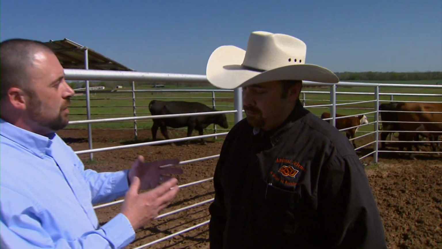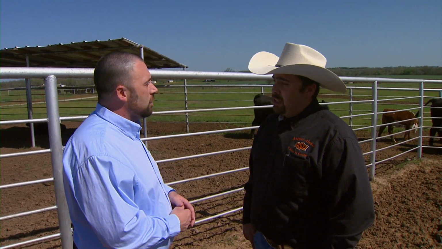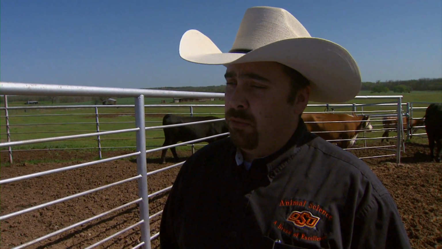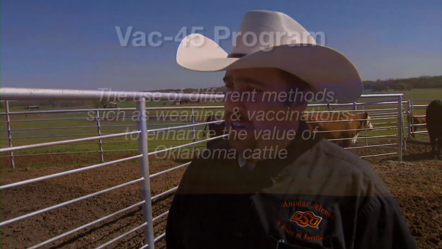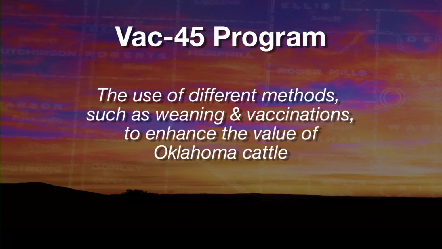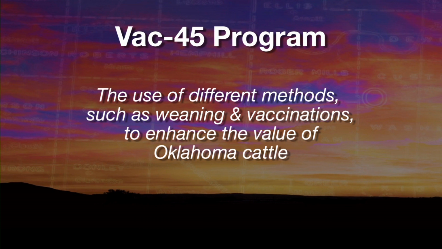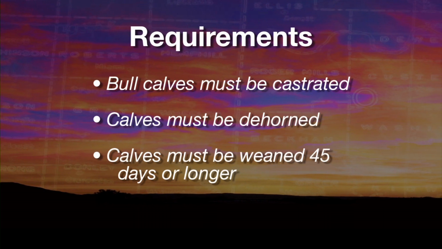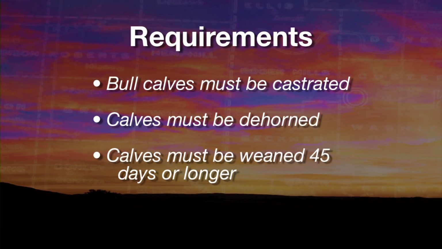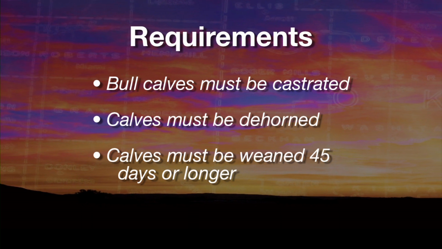All right, now rather famously, there is the Vac-45 program as a sale program. Tell us how that works. Yep, absolutely. One way to add premiums or get people involved with OQBN is through the Vac-45 program. It consists of producers doing management practices, which include a vaccination program, castrating those steer calves, dehorning those calves, and following through on those management requirements.